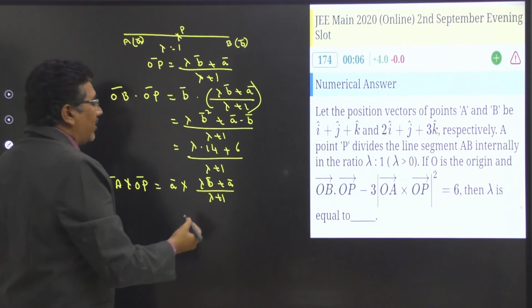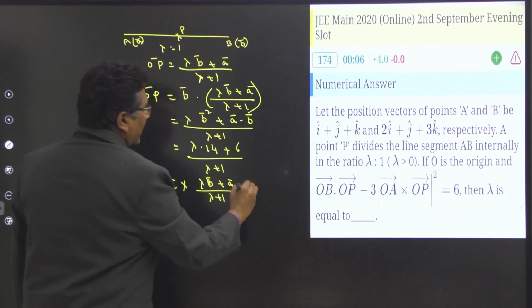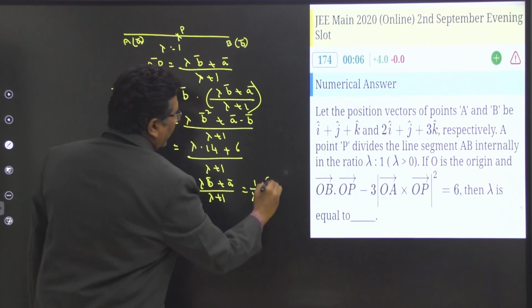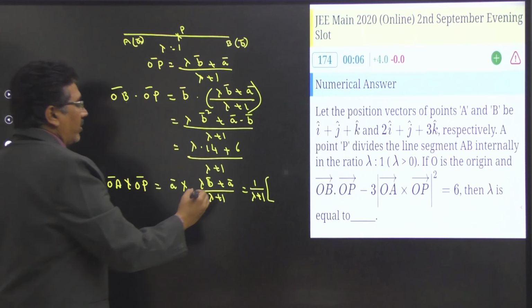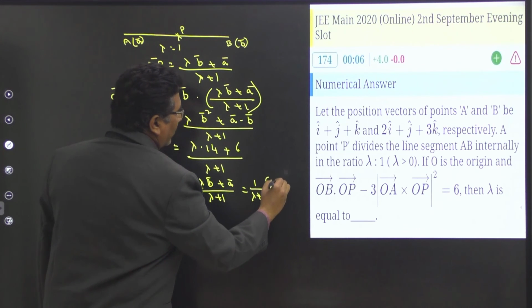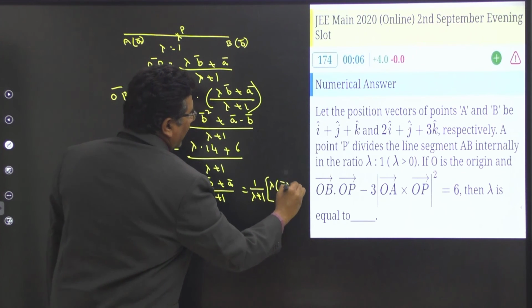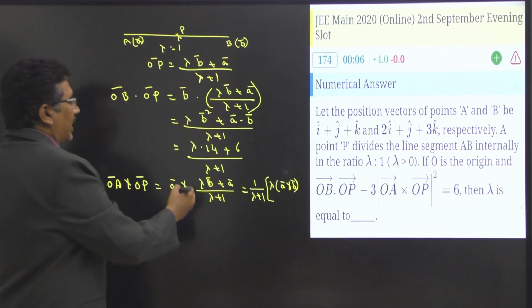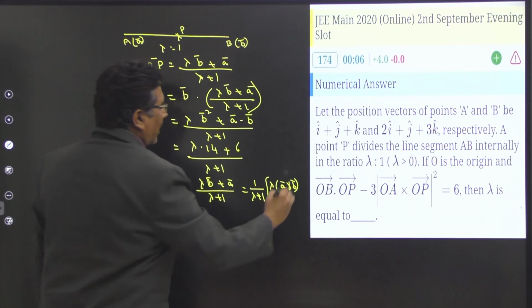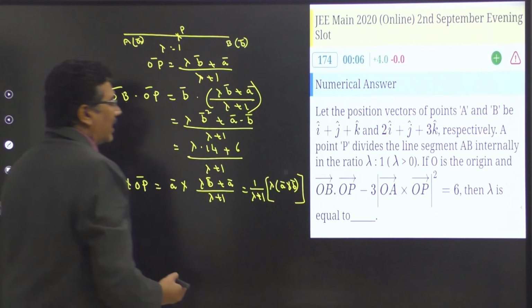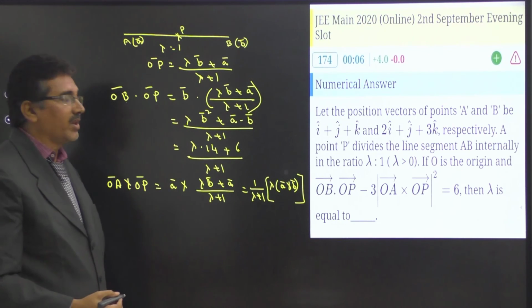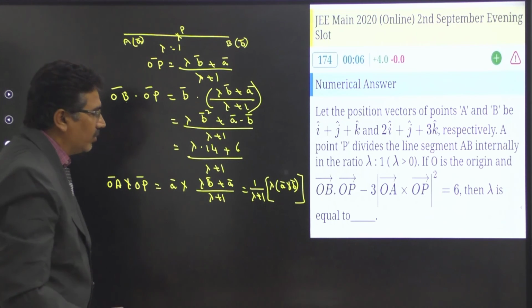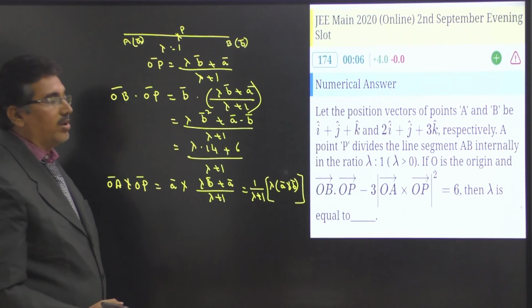Here lambda plus 1 is a scalar, so that is equal to 1 by lambda plus 1 into lambda into A bar cross B bar plus A bar cross A bar. A bar cross A bar is equal to 0. Right, now lambda by lambda plus 1 into A bar cross B bar.